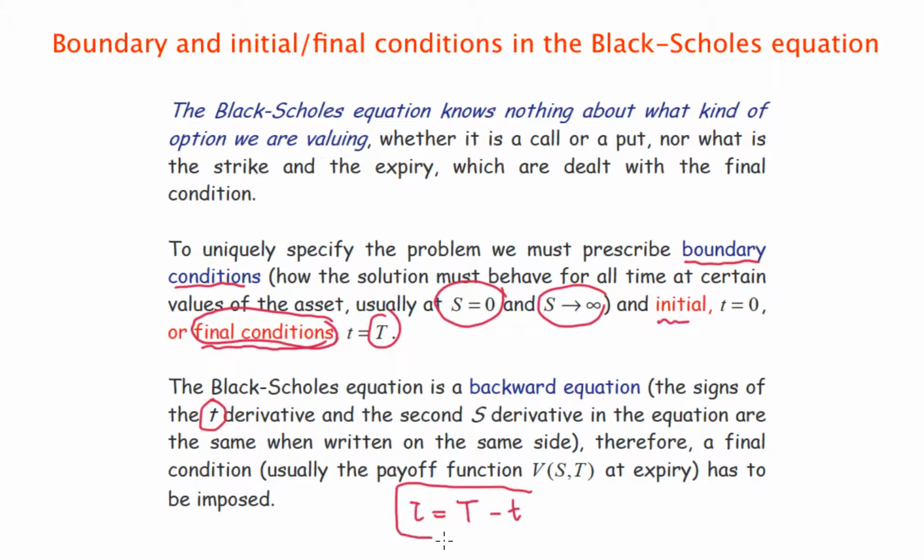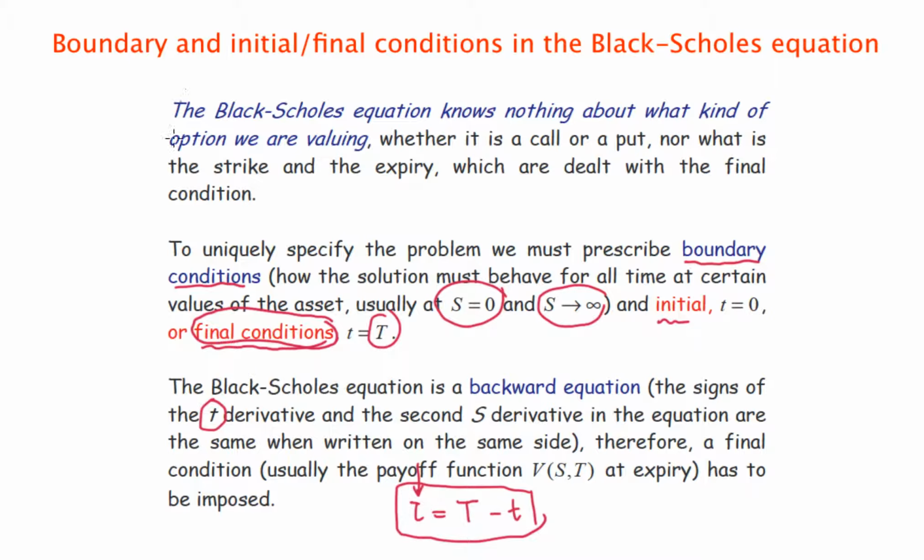In this new time variable tau, the final condition for t is going to be the initial condition for tau. So this is the time variable change that we are going to make in order to go from the final condition on t to the initial condition on tau.